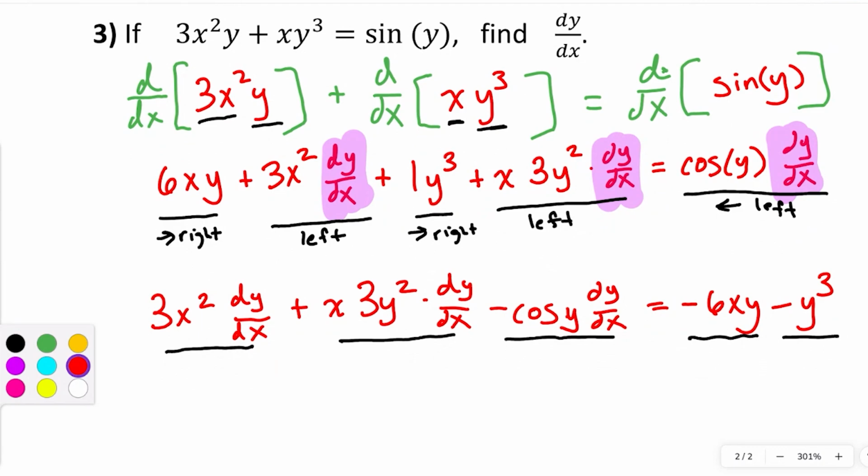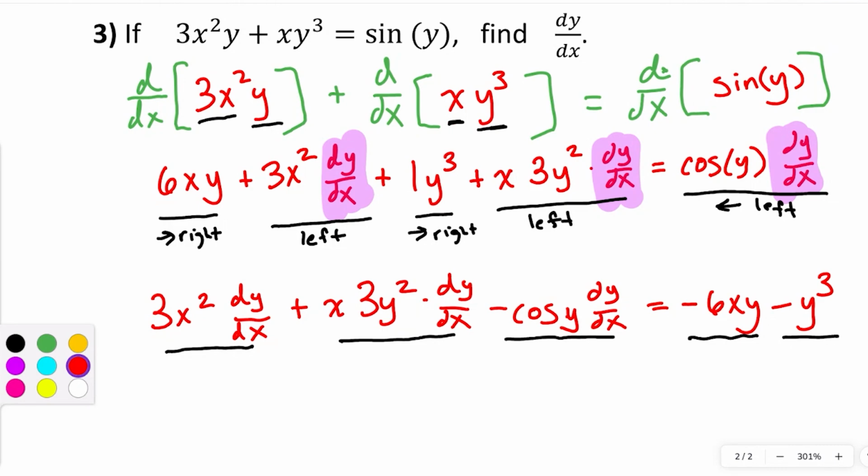Does anyone see what we need to do next? Combine like terms? Exactly. Now, it's going to look pretty crazy to combine like terms here, but there's a way to think about it a little differently.